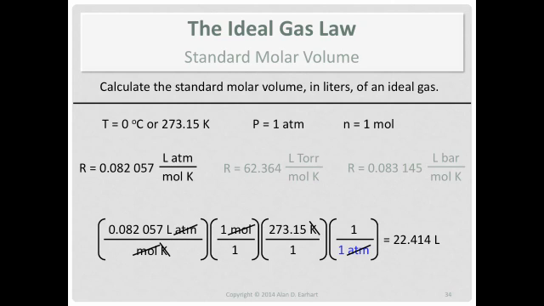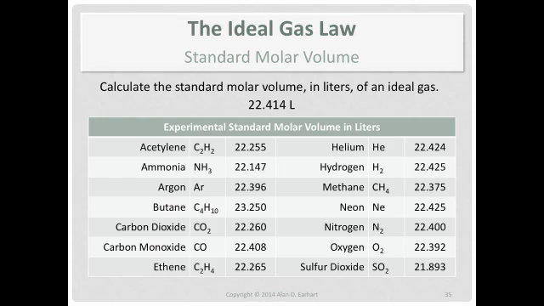Now, that data I showed you in the beginning, let's look at that. We calculated the standard molar volume for an ideal gas to be 22.414 liters. Now, these are actual experimental results, and I would argue for the ones that I've highlighted, those are pretty darn close to ideal values.